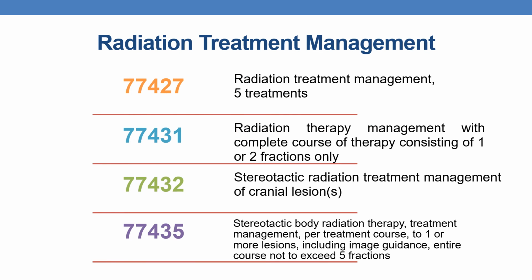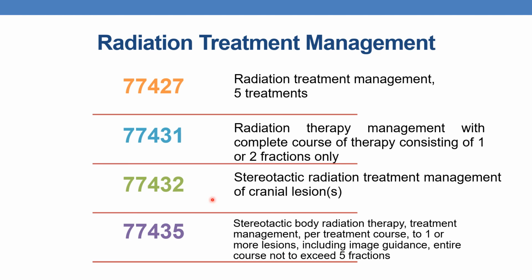Now coming to the various CPTs of radiation treatment management. The first CPT is 77427, radiation treatment management, 5 treatments. It is used to a maximum of 7 treatments. The next is 77431, radiation treatment management with complete course of therapy consisting of 1 or 2 fractions.